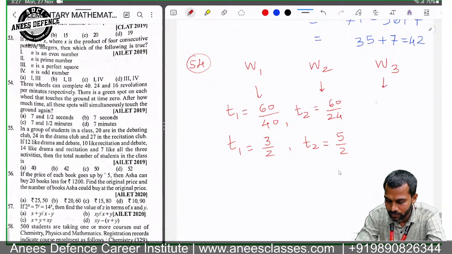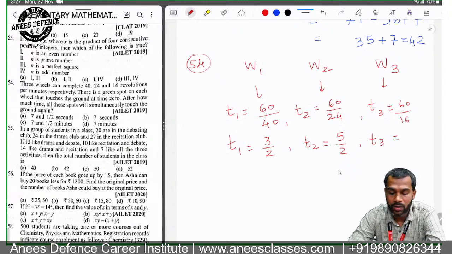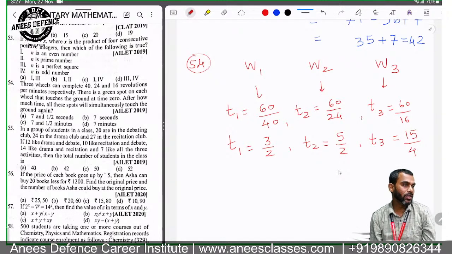What is T3? 60 by 16, which is 15 by 4. Okay. So this is the time taken by each wheel to complete its one revolution only.